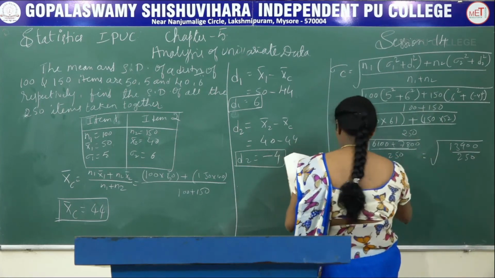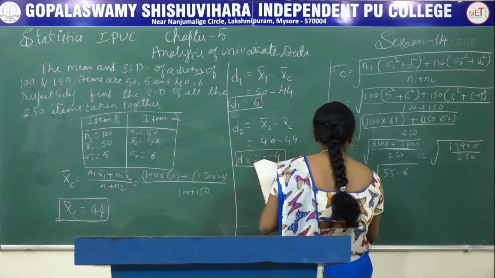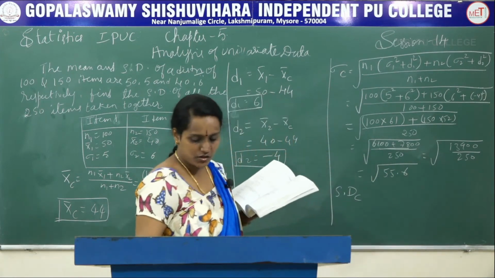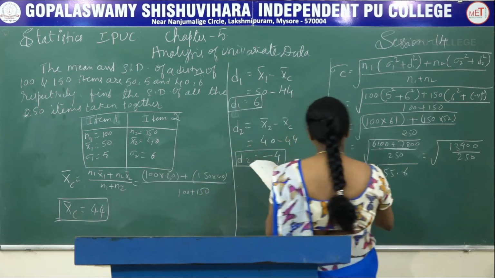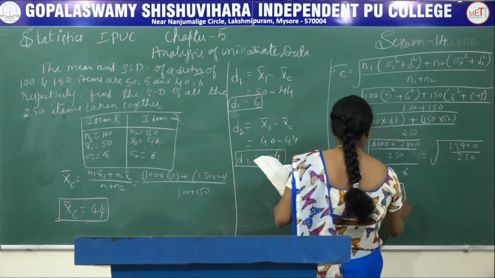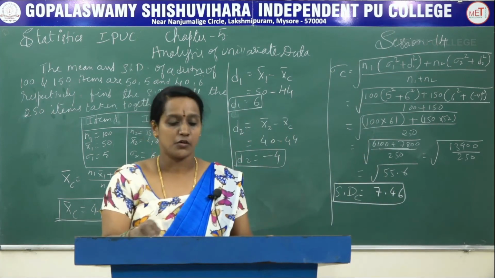This is square root of 55.6. So the combined standard deviation is 7.46.